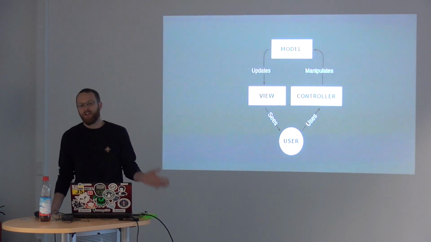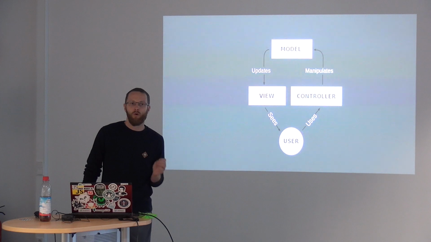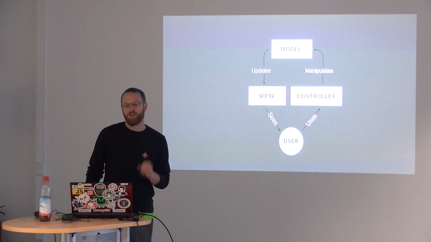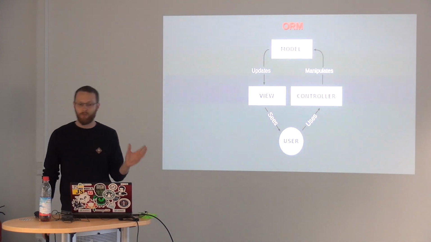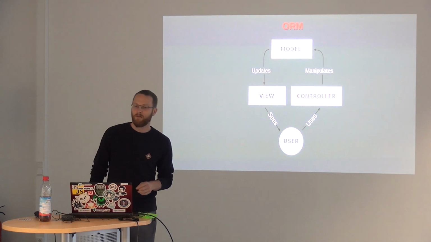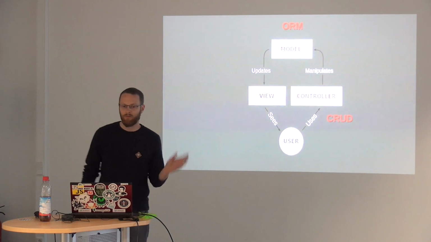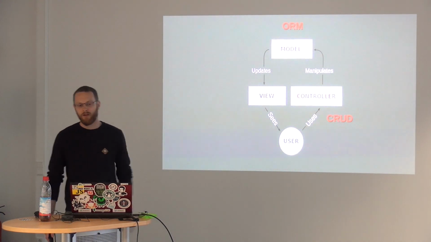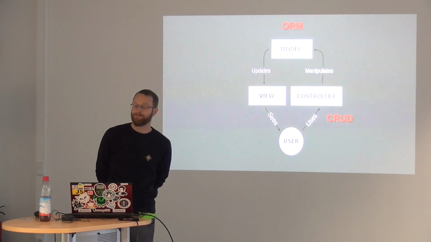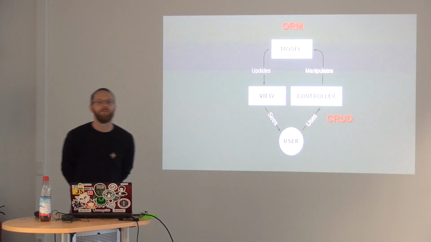Today you typically connect your MVC models via ORM, object relational mapping, to a relational database and handle access from your view to the controller using CRUD. So the controller handles the model step and we access the controller from the view using CRUD. A famous example for this is Ruby on Rails.